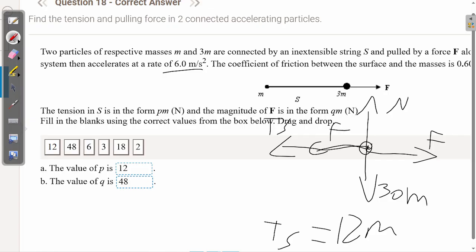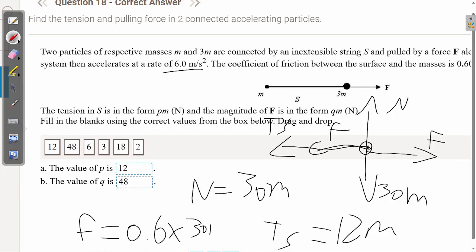The tension, we know it's 12m. The friction will change since the normal is changing, so the normal is 30m, and the friction will be equal to 0.6 times 30m, which is 18m.